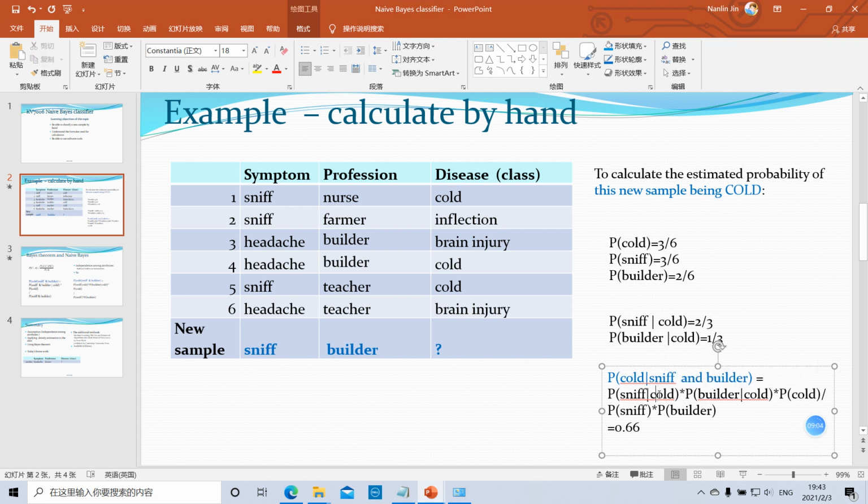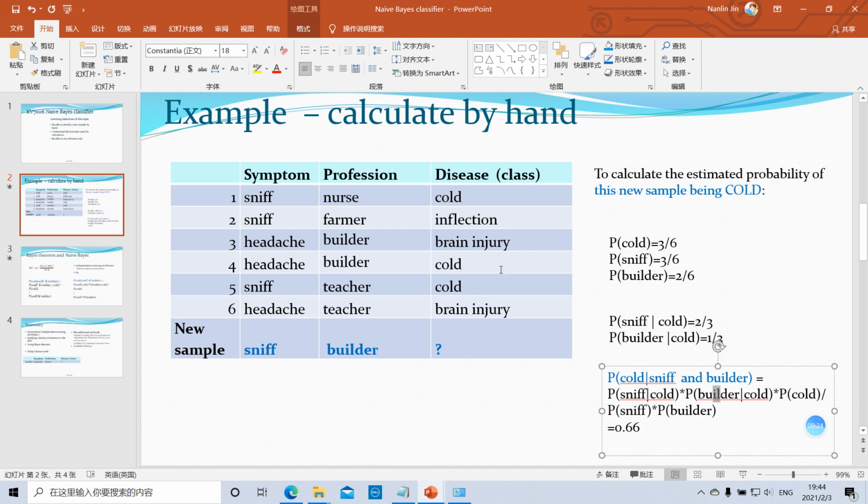On the condition of this class, what is the probability of feature 1, sniff, times, on this condition, the probability of feature 2, builder, and also times the total probability of cold.